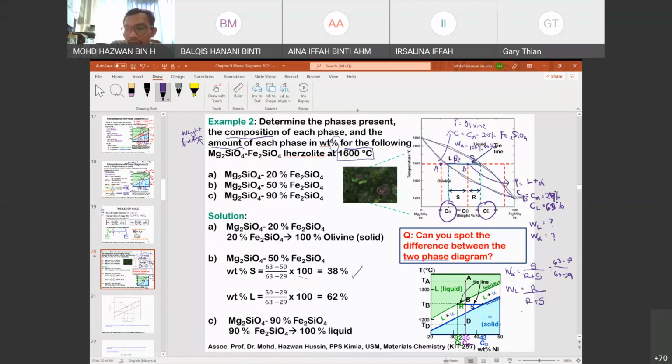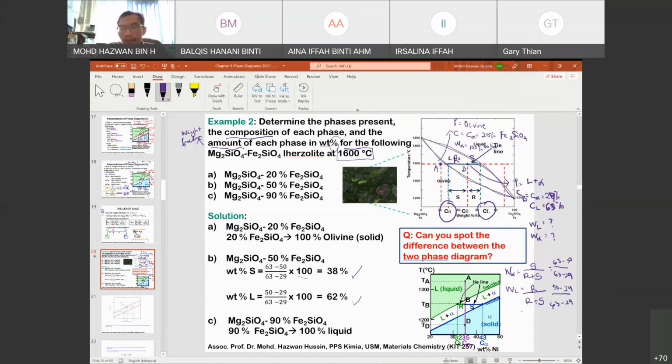So for liquid, the weight fraction of liquid, the opposite line is R. So what is R? R is actually 50 minus 29 divided by 63 minus 29. Then you will get the answer equal to 62%.